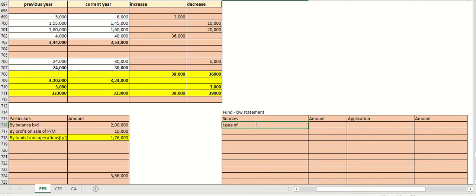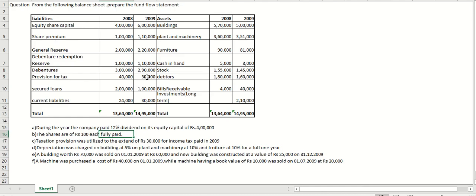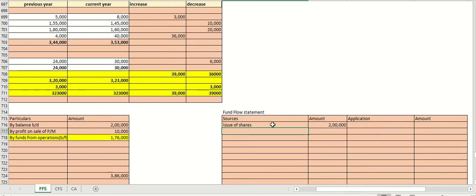Issue of shares, 2 lakhs. Then we have the share premium. Last year it is 1 lakh, current year it is 1,10,000. So this will be shown again as sources, share premium: 1,10,000 minus 1 lakh, which gives 10,000 as your answer.